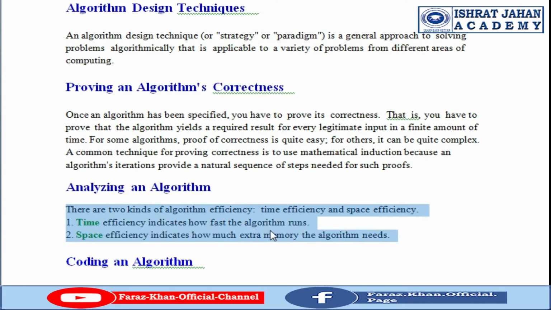Where time indicates how fast the algorithm runs, space efficiency indicates how much extra memory the algorithm needs. Let me further elaborate the parameters or the variables of analyzing the algorithm.